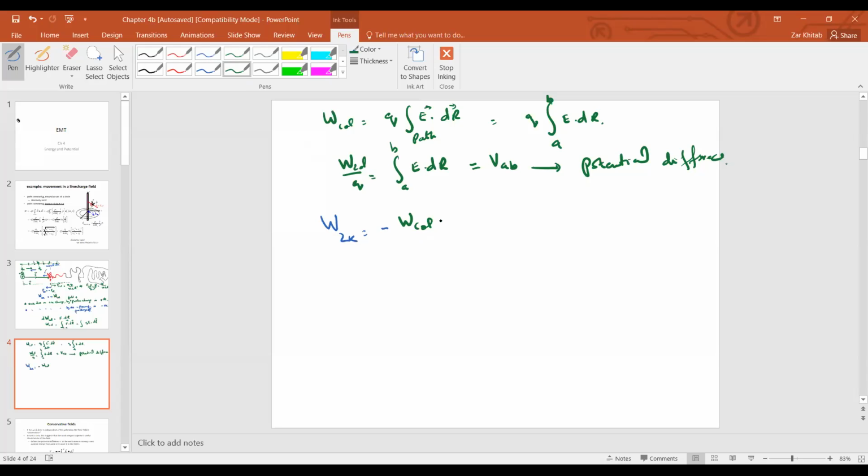Right, this will really be the integral, the reverse integral from B to A with the negative. See, if you flip the integral, you introduce a negative sign, E dot dr. It's just a negative work.